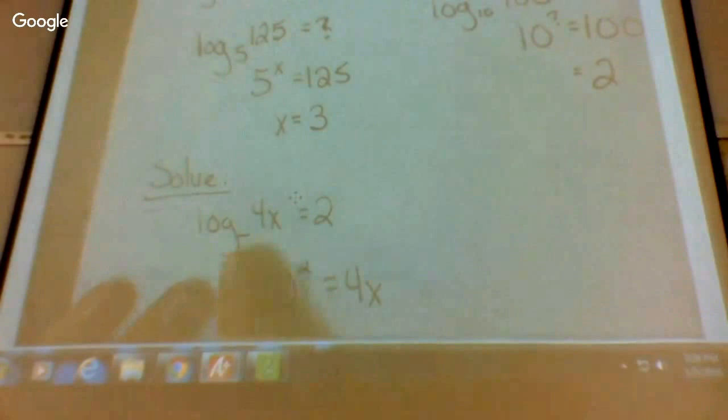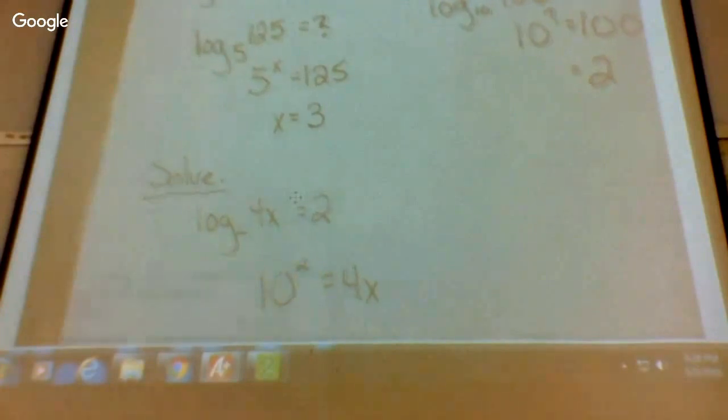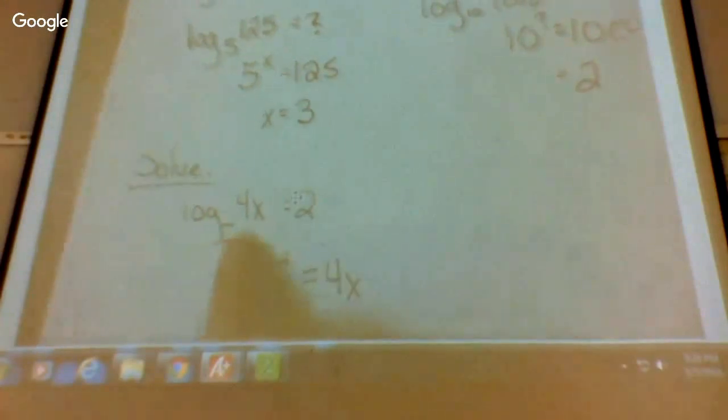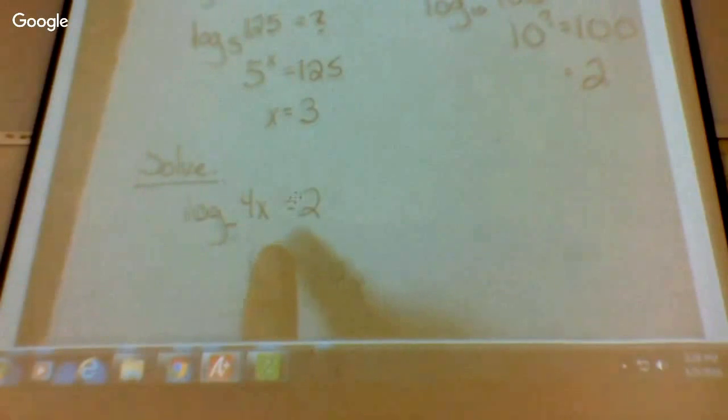Okay, base to the power equals number. That's why it's the inverse of it. Normally we're taking exponents and solving for whatever it actually equals. Here we're saying, hey, what to the power of what? What's that actual exponent? So logarithms find that exponent portion. So 10 to the power 2 equals 4x.